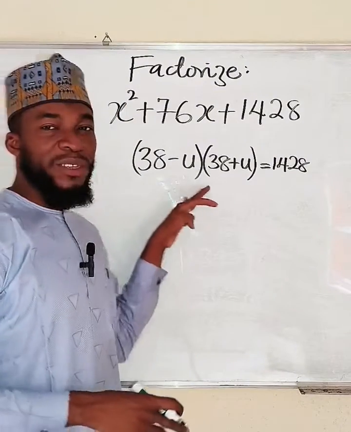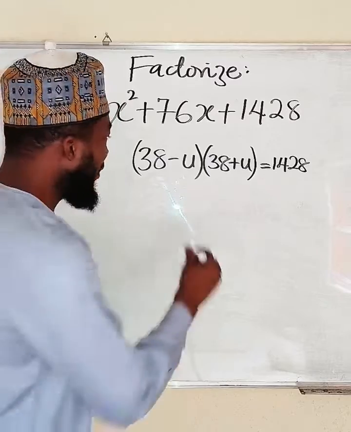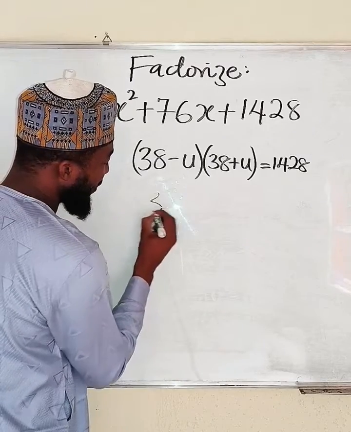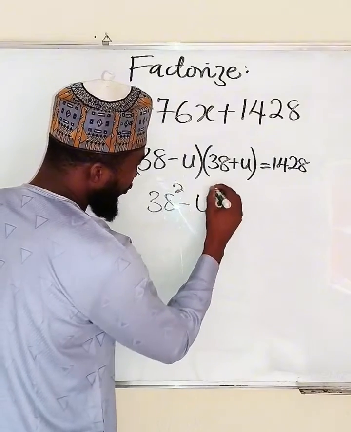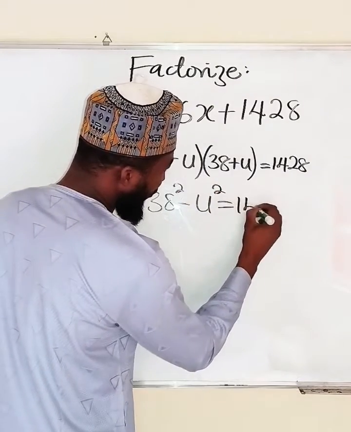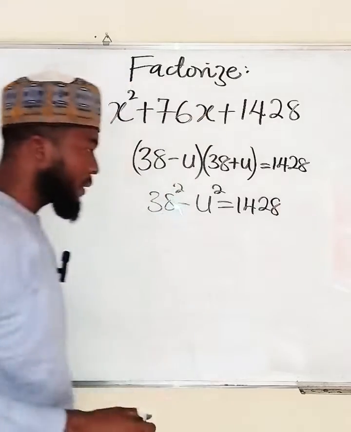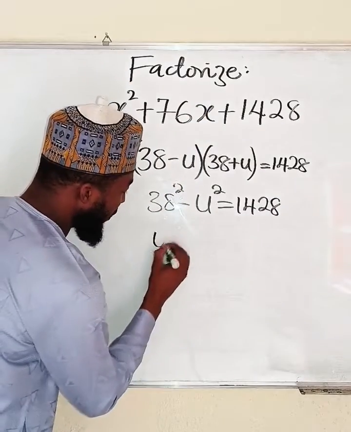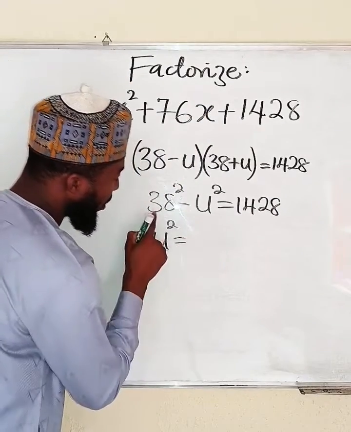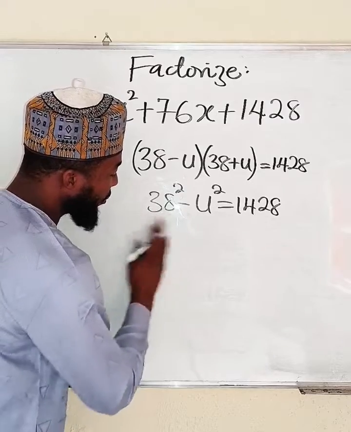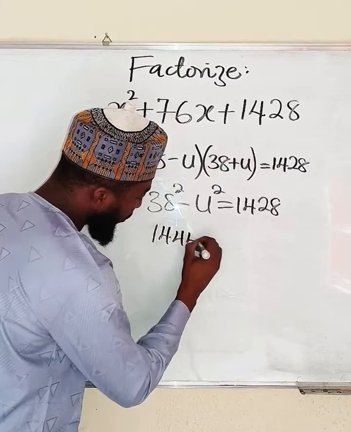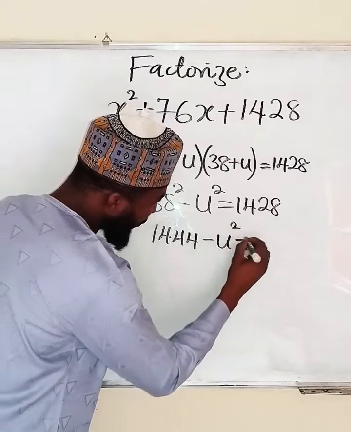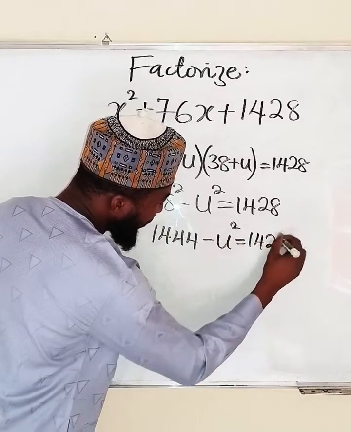And if you observe, this is nothing but difference of two squares. You take the first term, you square that. That is 38 squared. You subtract the second term squared. This will be 1428. Let me break it down. 38 squared is 1444 minus u squared. This will be 1428.